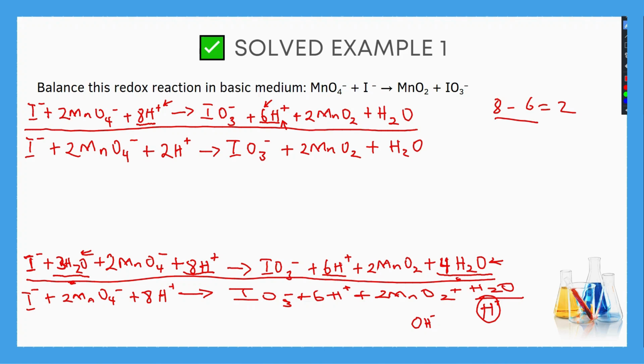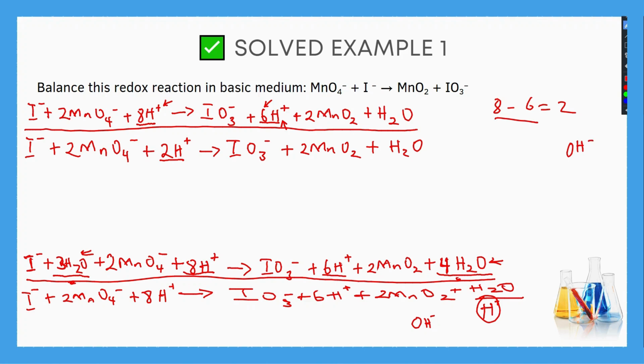Now, the next step says for each H⁺ in the equation, add an equal number of OH⁻ to both sides. Now, is there any H⁺ in this equation? Yes, we have 2H⁺. So we're going to add an equal number of OH⁻ to both sides. So let's do that.